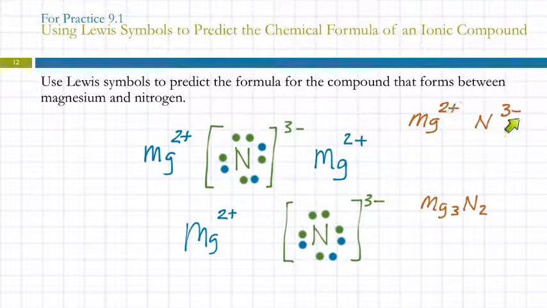And then we'd look at their charges and either do some mental math or do the crisscross thing, and we'd end up with this same formula. This does a better job of explaining why it works out that way. Any questions?